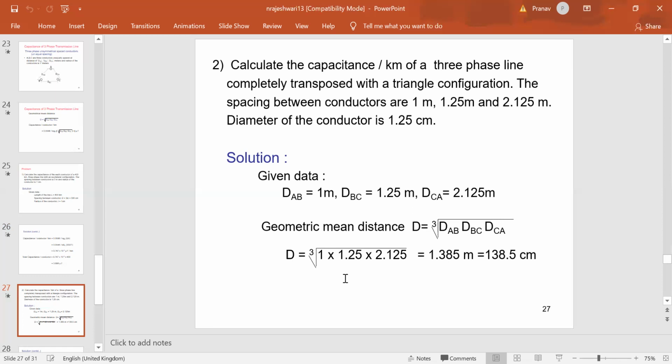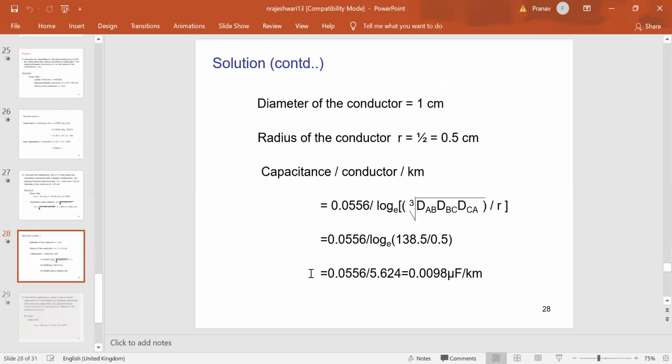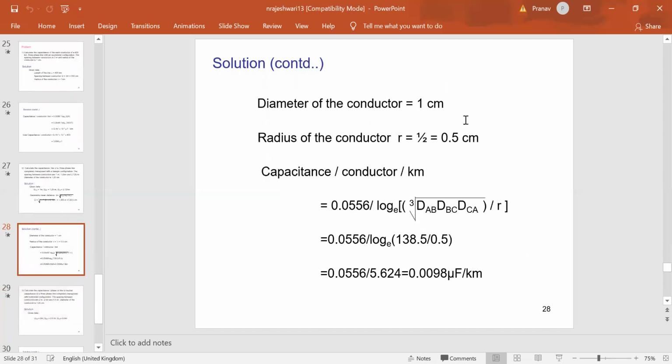By multiplying this and applying the cube root, capital D is equal to the cube root of 1 into 1.25 into 2.125, which is equal to 1.385 meters. It is converted into centimeters as 138.5 centimeters as the geometrical mean distance. And the diameter of the conductor will be 1 centimeter. So the radius of the conductor is 1/2 centimeter, which is 0.5 centimeters.